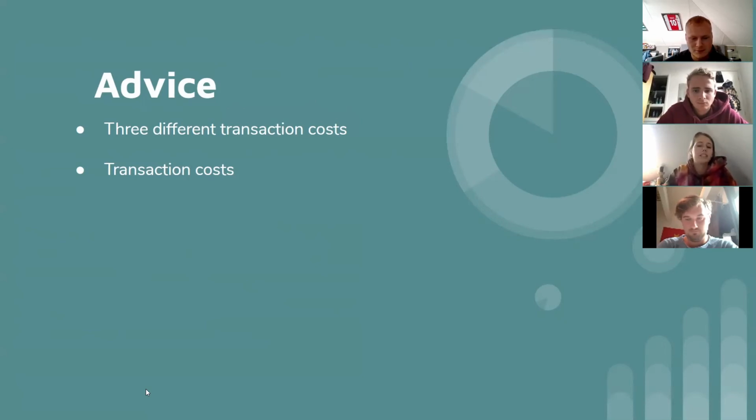Secondly, transaction costs, when looking at the case, are a very good indicator to choose to internalize or outsource, and therefore every manager should look at these indicators before entering and take them into account.